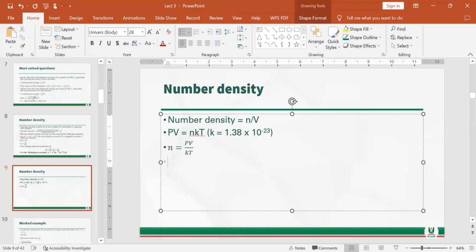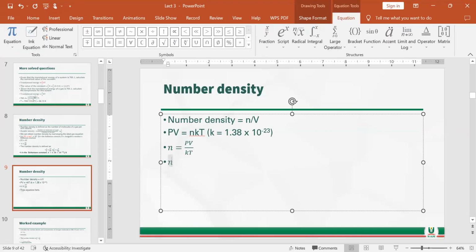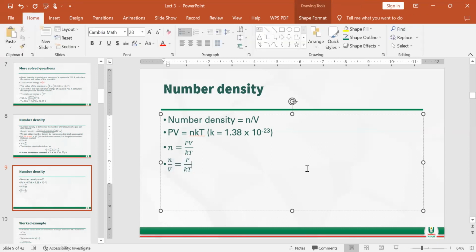So we can also write this equation as N over V is equal to P over kT. Is it correct? Yes, sir. So what does this represent?